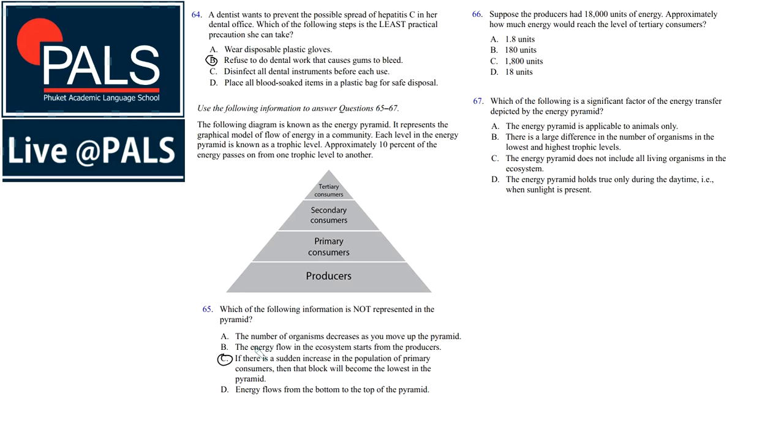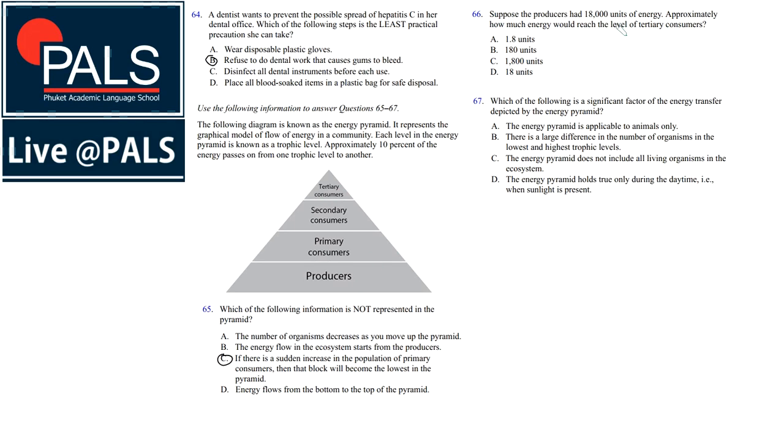Since the energy pyramid shows the flow of energy, even if there are more primary consumers than producers, the primary consumers will still feed on the producers and the energy will still flow from the producers to the primary consumers and not the other way around. Therefore, the primary consumers will remain in this position here and not change position with the producers.